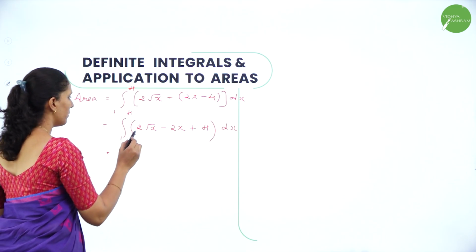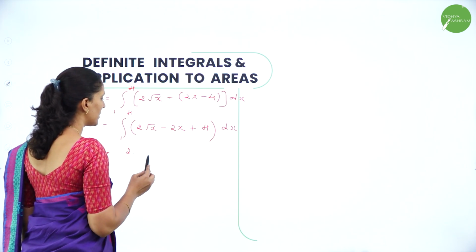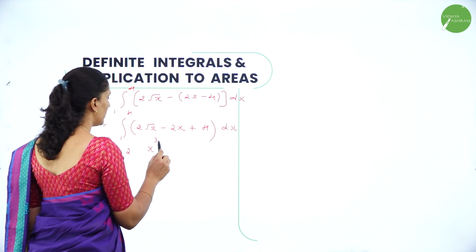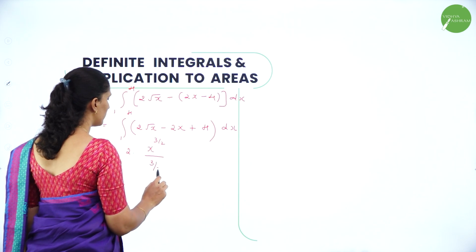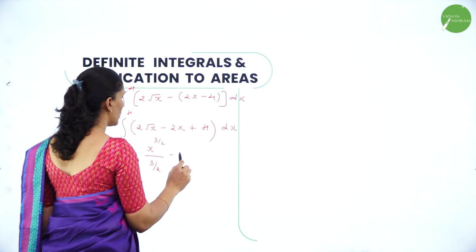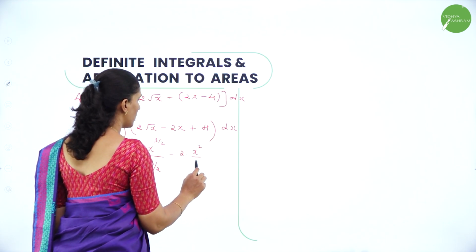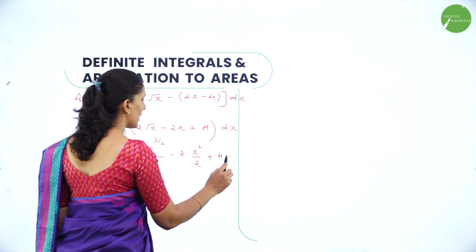After integral, we have 2 as a constant. Root x is x to the power 1 by 2. Applying the integral, we will get this as x to the power 3 by 2 divided by 3 by 2, minus 2 is a constant. Integral of x is x square by 2, plus 4 is a constant. Integral of dx is x.